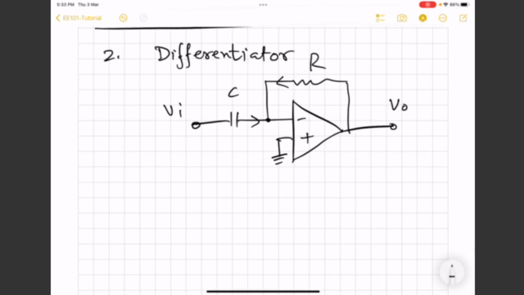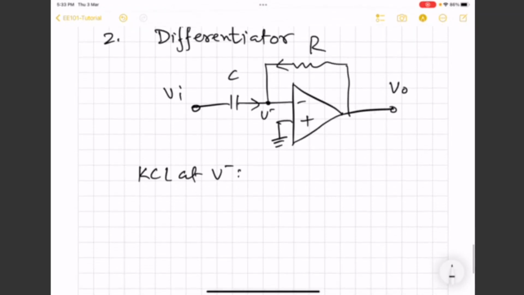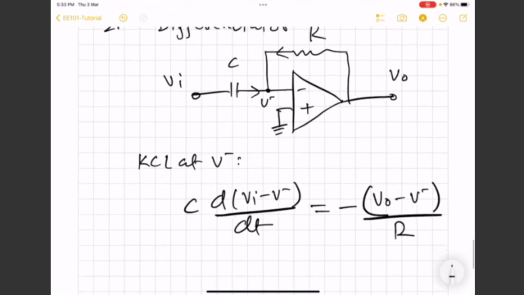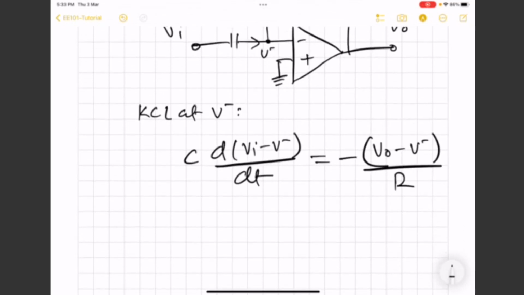So we can see that now KCL at V minus gives, no, sorry, on this side we will have C d(Vi minus V minus)/dt is equal to minus of (Vo minus V minus)/R. We know that V minus is approximately equal to 0.